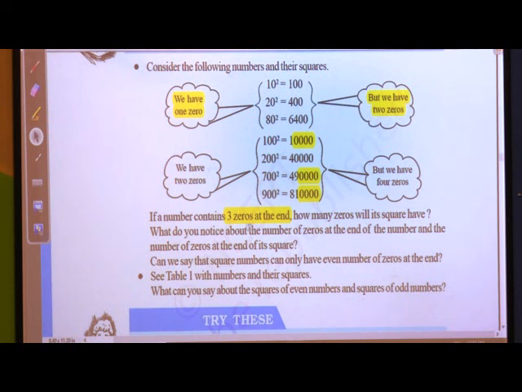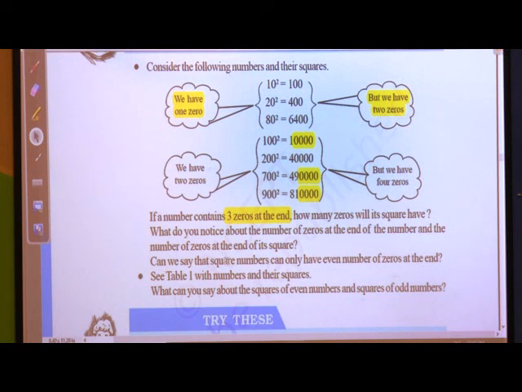What do you notice about the number of zeros at the end of the number and the number of zeros at the end of its square? There is a question they have asked. If a number contains 3 zeros at the end, how many zeros will its square have?